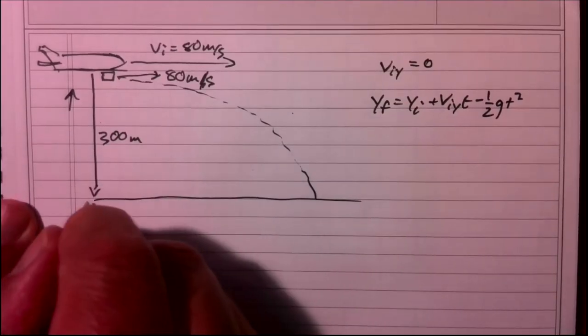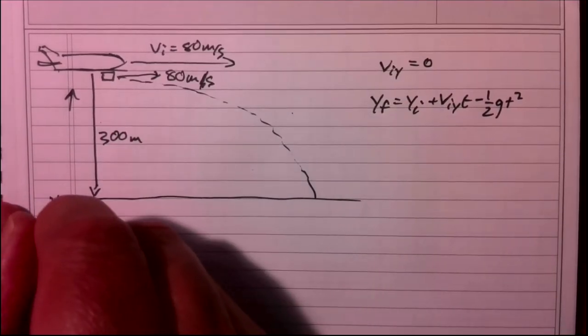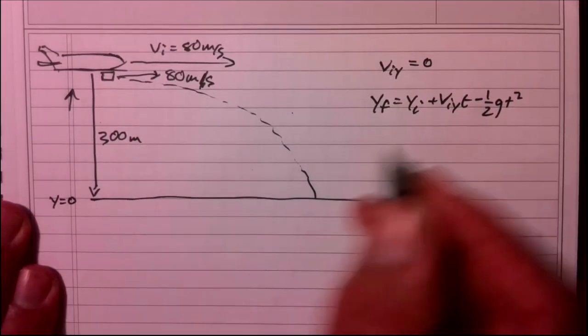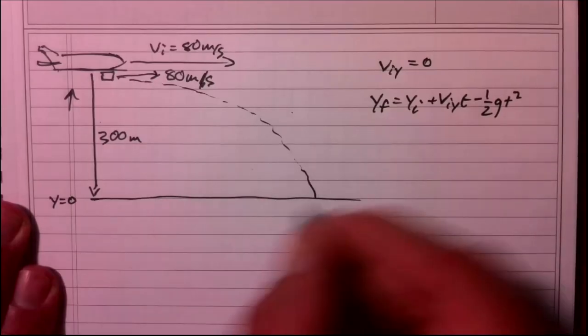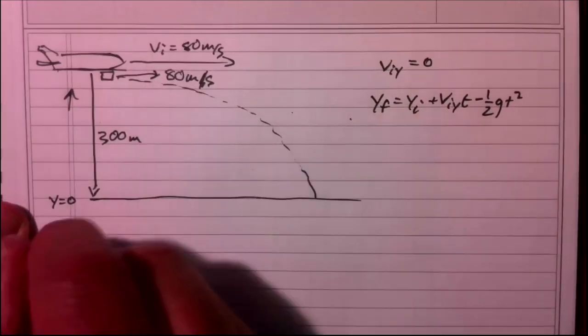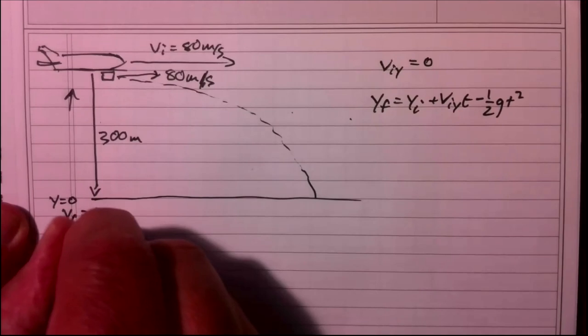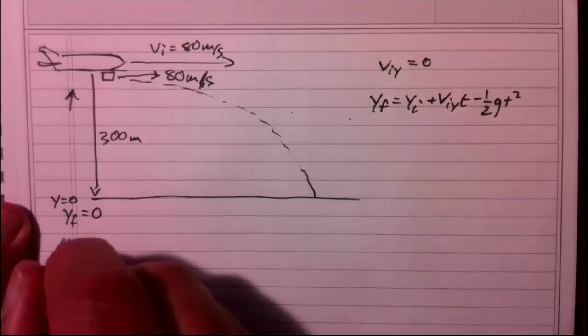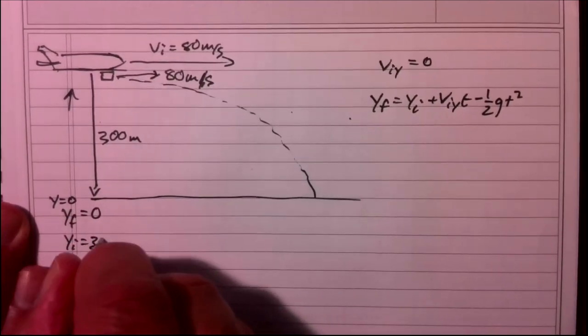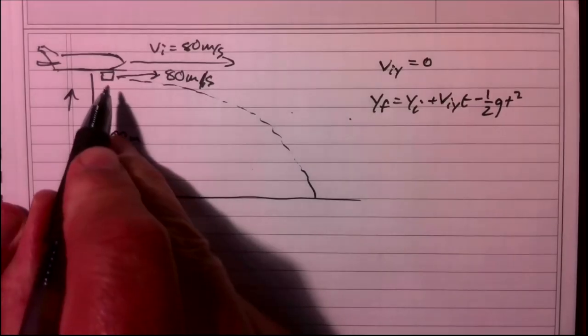I'm going to call down here y equals 0, and so my final y position is y_f equals 0, and y initial equals 300 meters because it starts up here.